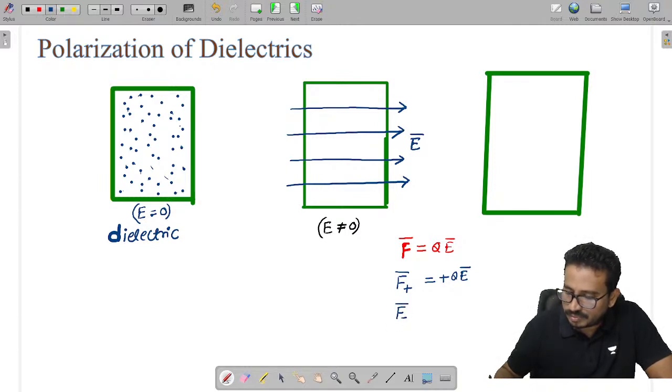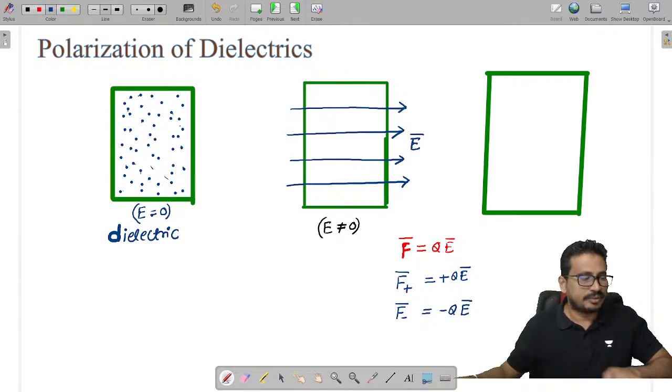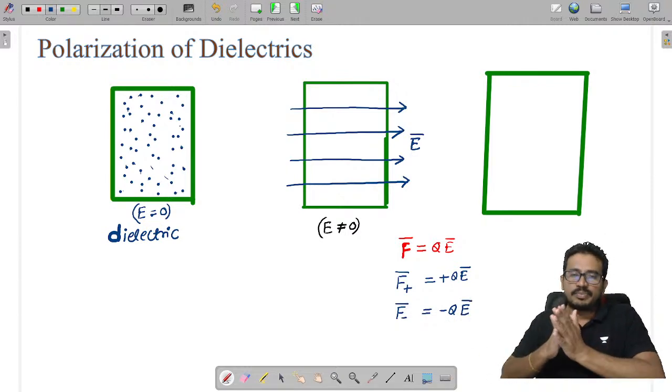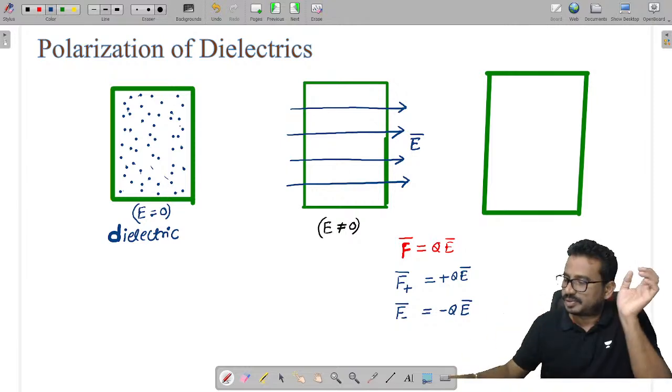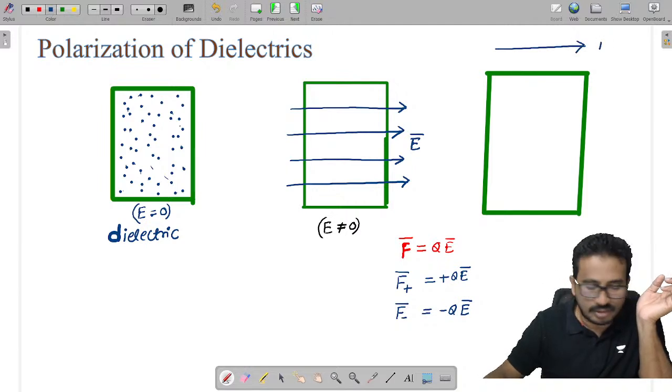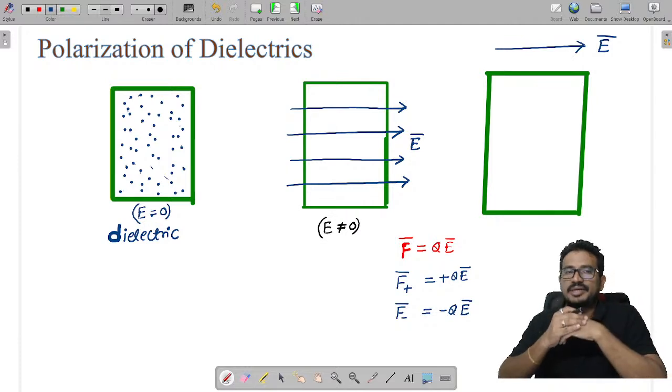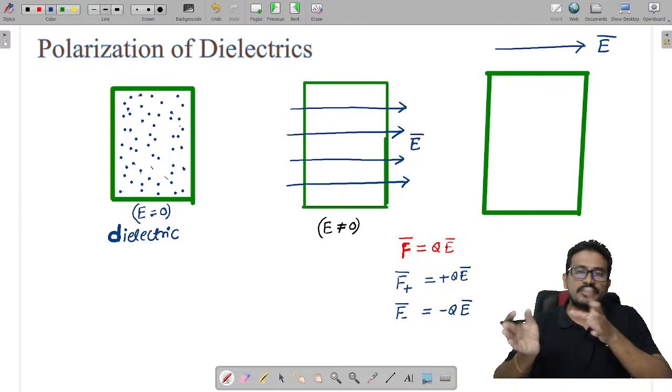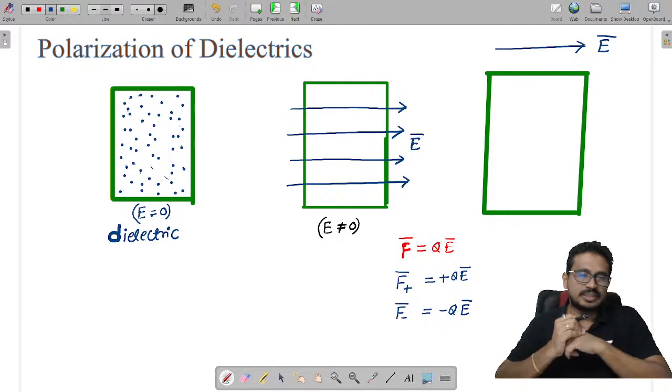It is minus Q into E. So the force on negative charges is opposite to the electric field.